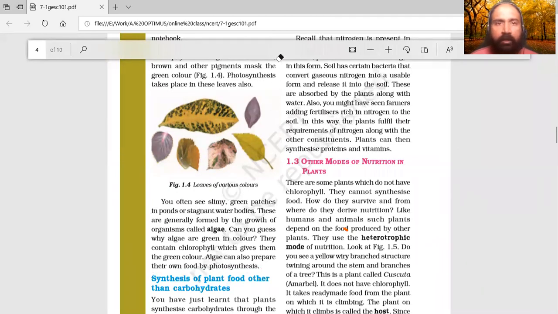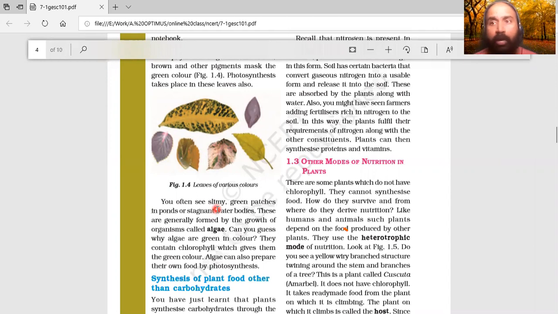We have studied that photosynthesis is very much required. Now, what is the end product of photosynthesis? In the chemical reaction written, carbon dioxide plus water gives glucose plus oxygen. Now, glucose is a carbohydrate. Is the carbohydrate enough for a living organism?